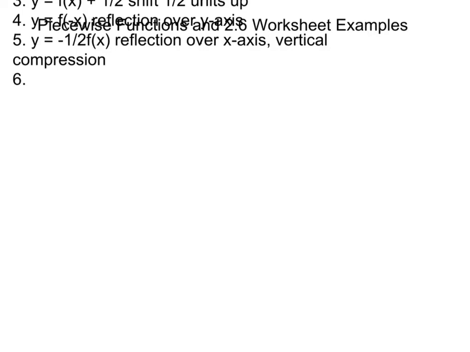And then number 6, we have a 3 in front. And then we have that -5 on the end. So that's also 2 transformations. So we have a vertical stretch this time because 3 is greater than 1.